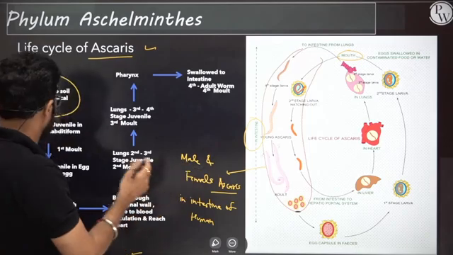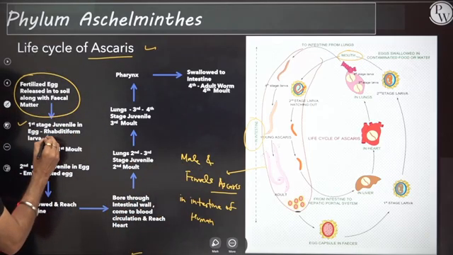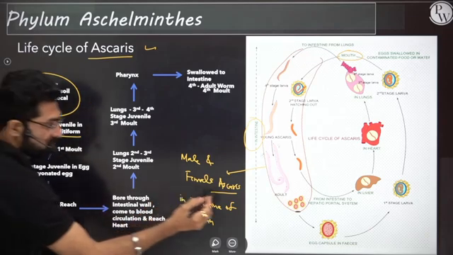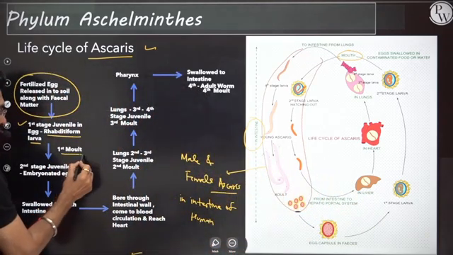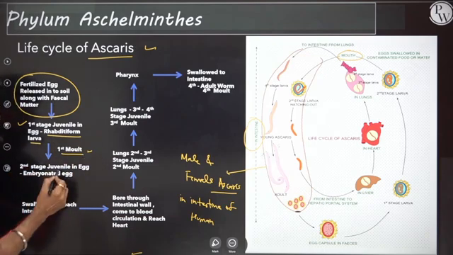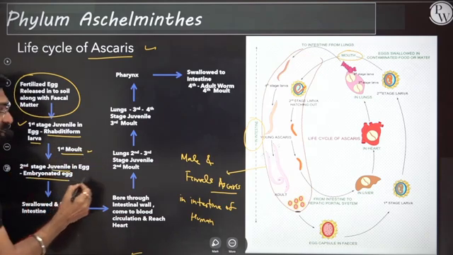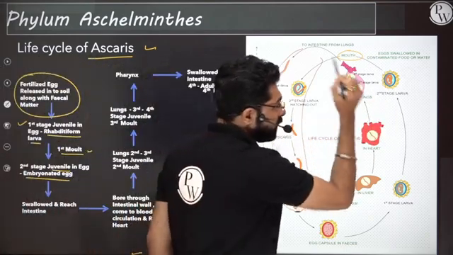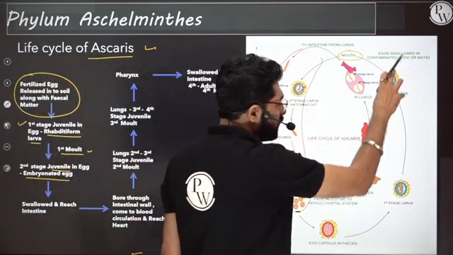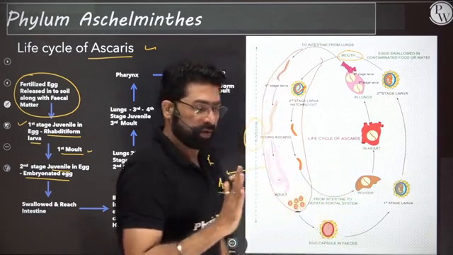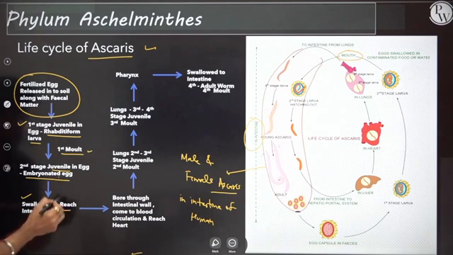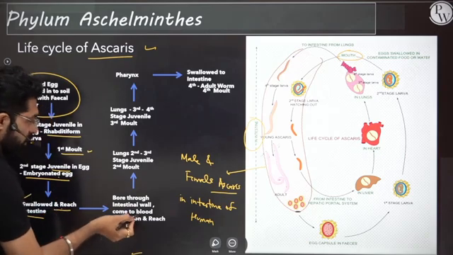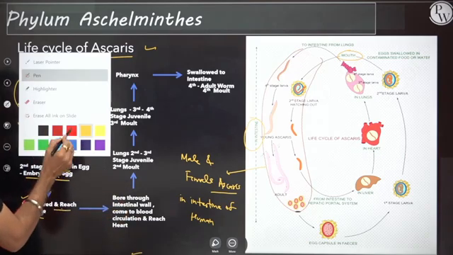Clear? Let's see how. The first stage juvenile is called the rhabditiform larva, which undergoes molting. The second stage juvenile is produced, which is present here as the embryonated egg. So this is the embryonated egg and this is the rhabditiform larva. Okay? These embryonated eggs are swallowed accidentally or through contaminated food and water and enter the body of human beings.